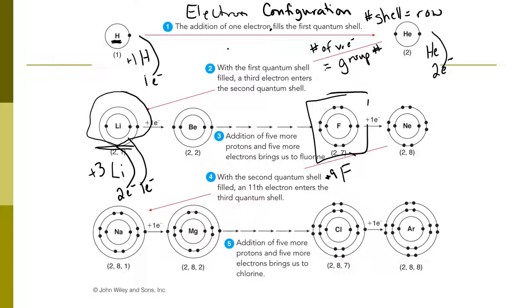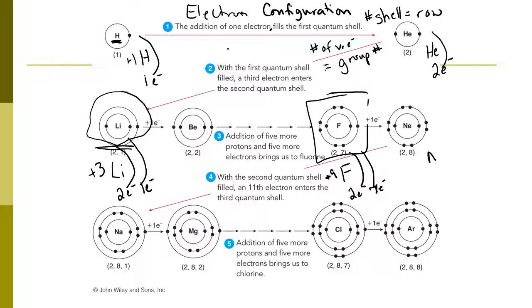Now fluorine is in the second row, so we're going to give it 2 shells of electrons. The first shell of electrons can only have 2 electrons. That's it. So any remaining ones that I have are in the second shell. Now the second shell can have up to 8. And we're going to see that with neon.